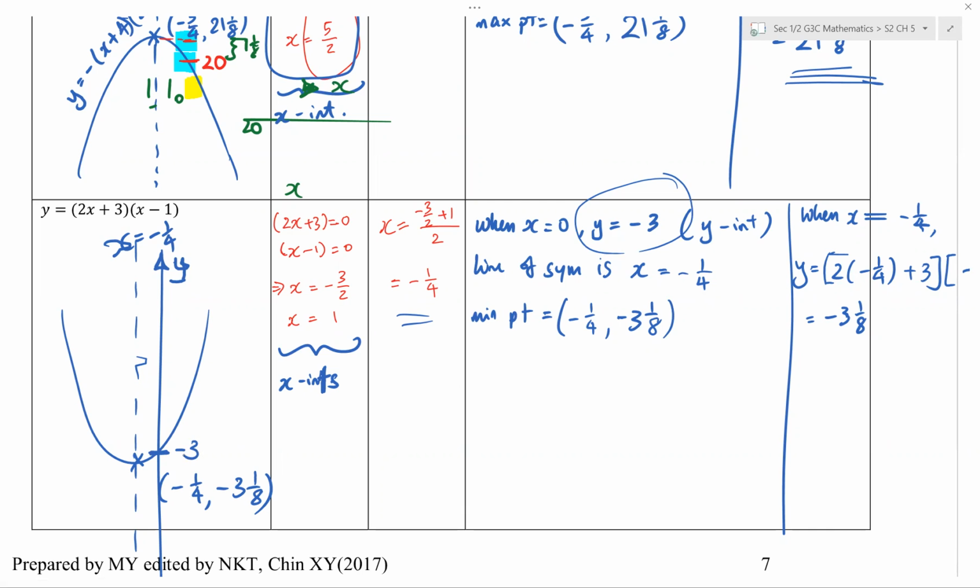Minimum literally means the lowest. And what is the level of your minimum point? The level of your minimum point is level -3 and 1/8. This is below -3, but it's quite close to -3, as is the case over here. Look, your minimum point is just slightly lower than level -3. So everything makes sense so far.